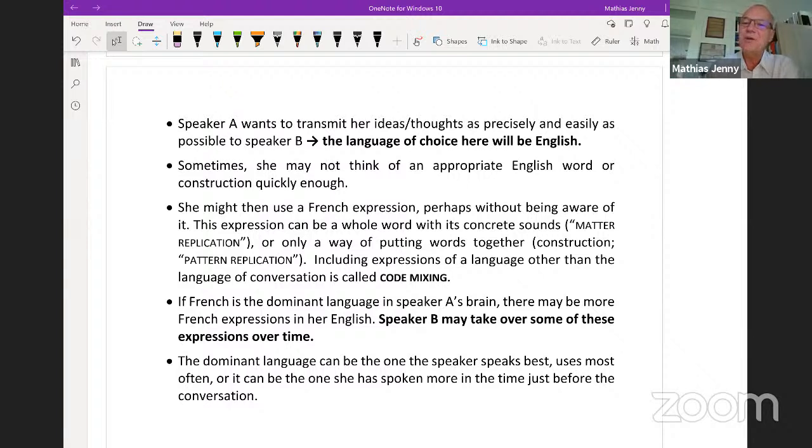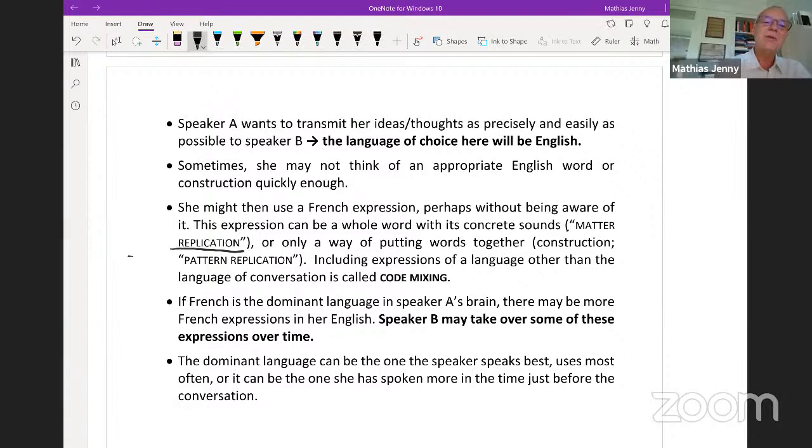And if she is using a French word in her English, then this would be matter borrowing, or as it's also called, replication. Replication instead of borrowing, because you don't give it back usually. Or it can be just the way of putting words together, maybe using French word order instead of English word order.